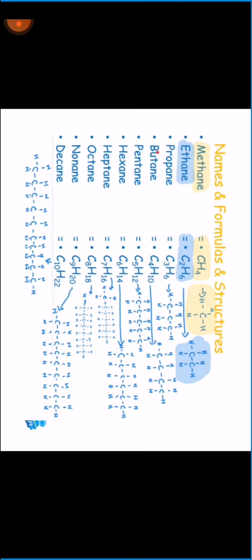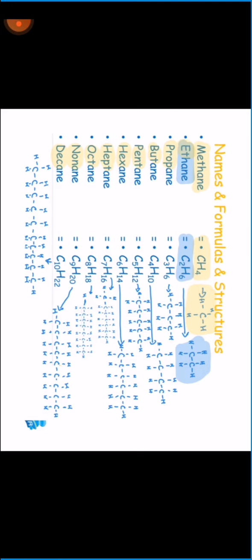You've got propane, butane, pentane, hexane, heptane, octane, nonane and decane. And the first part of each name is the same for all of the hydrocarbons. So all of your hydrocarbons will have the start that I am highlighting here in yellow.